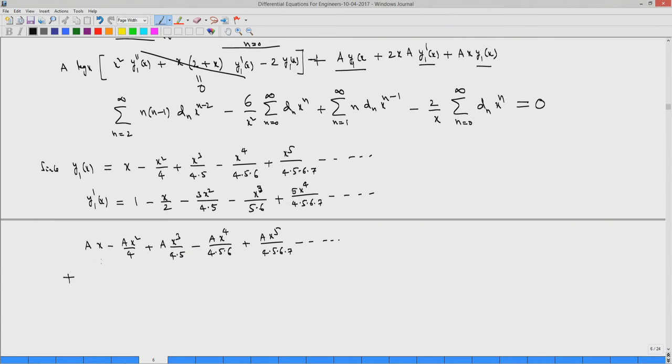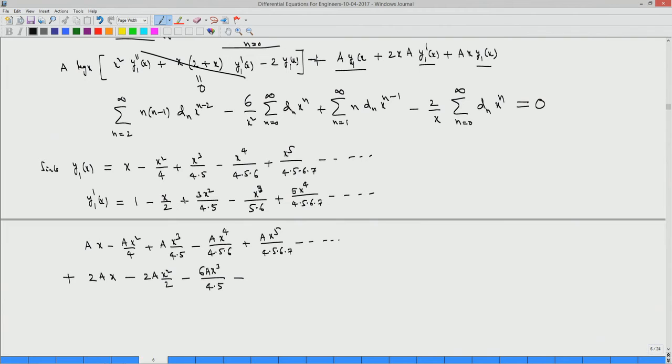2ax into y dash. So 2ax into y1 dash. You are just multiplying 2ax to your y1 dash. 2ax minus 2ax square by 2 minus 6ax cube by 4, 5. Okay, 2ax, that's going to be x cube. So minus, so this is plus, right?